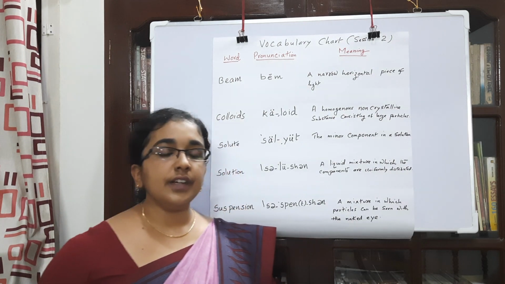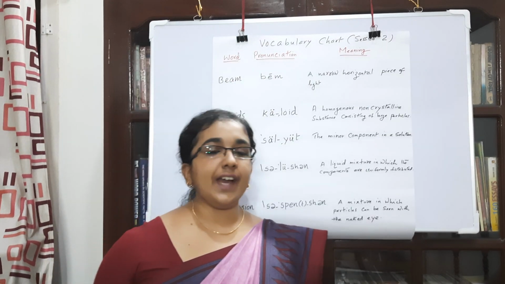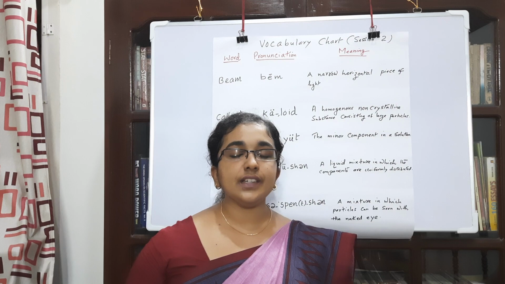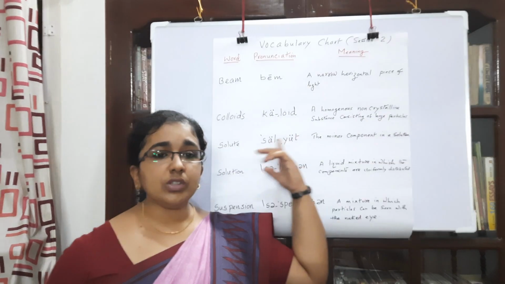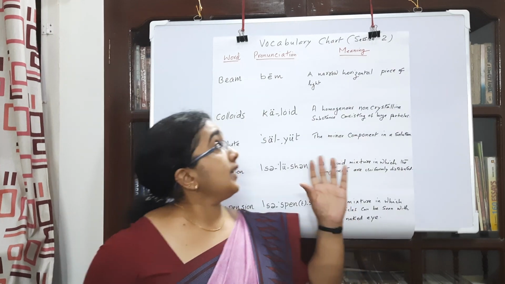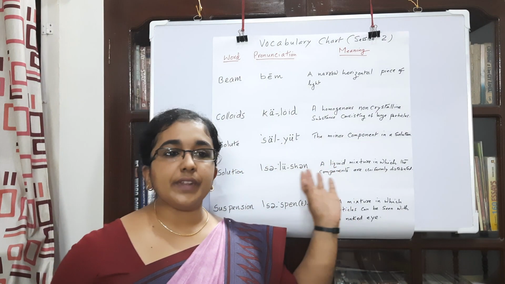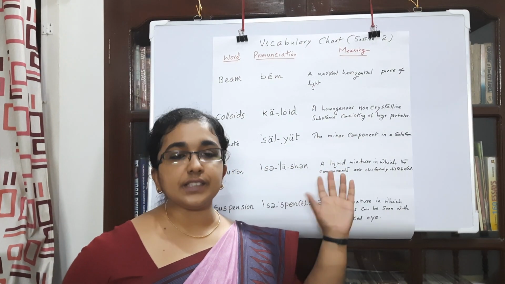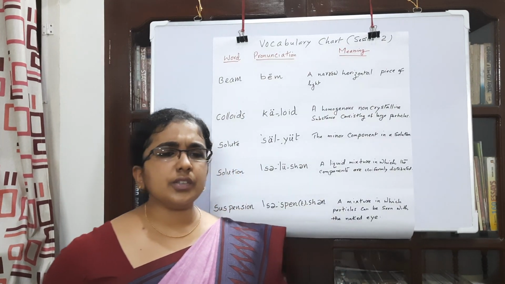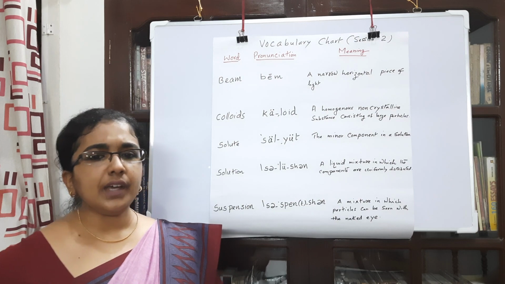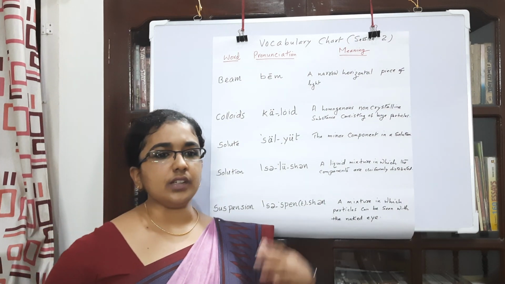Okay, now we have an assignment in which you can see the vocabulary chart showing some of the important technical terms that are used in the curriculum. You may try to pronounce them and say the meaning of those terms.